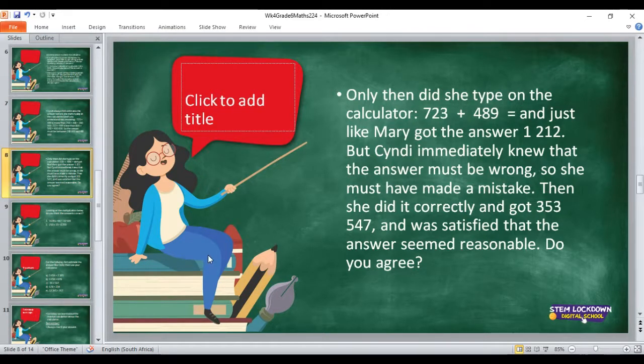And she was satisfied that the answer seemed reasonable. I am sure that we do agree that now her answer seems more reasonable than the first one that she got, the 1,212. Okay.